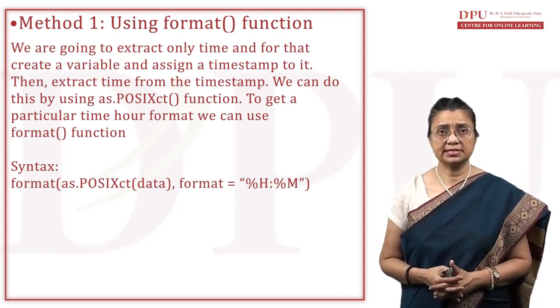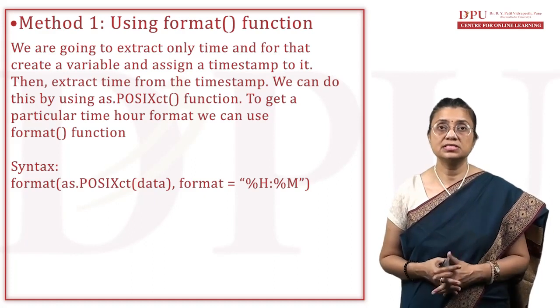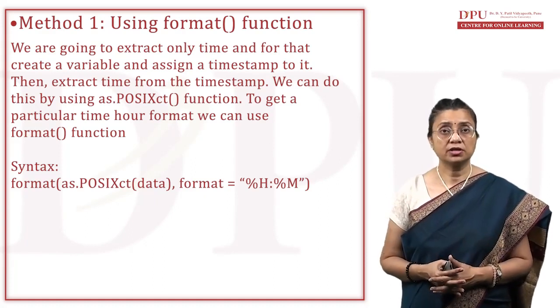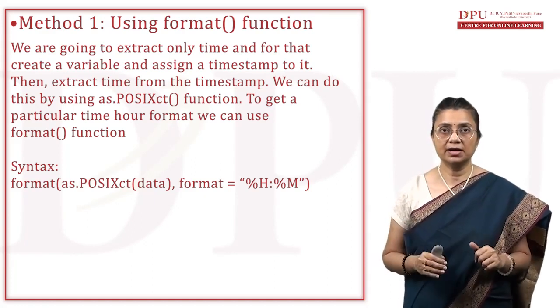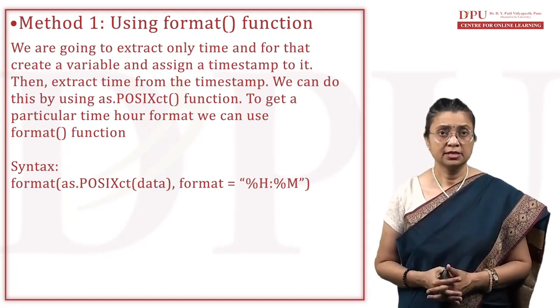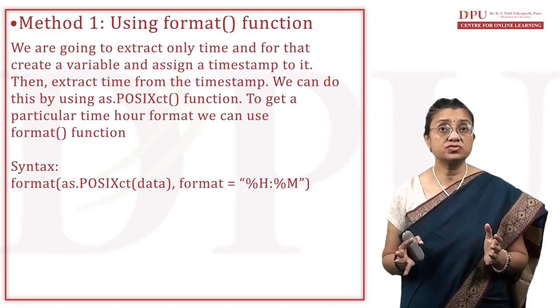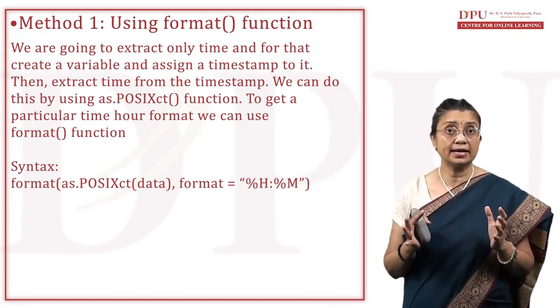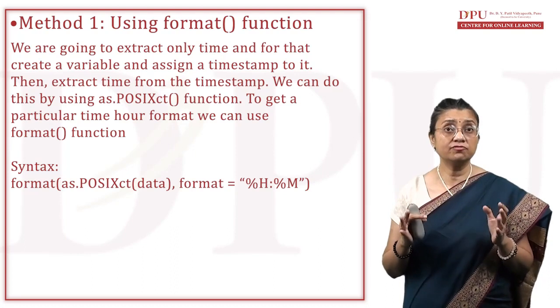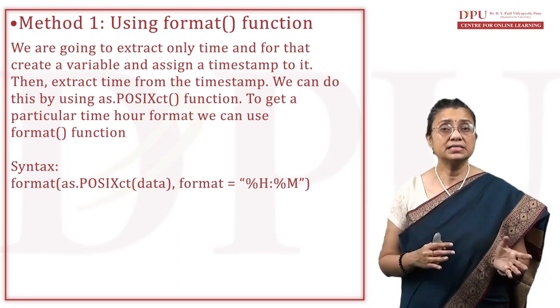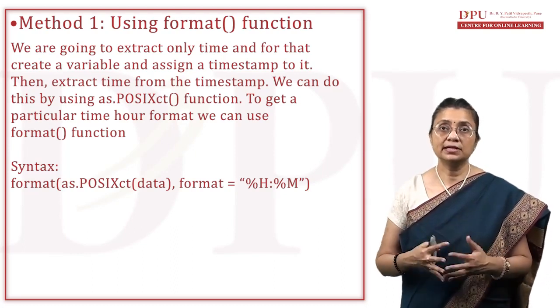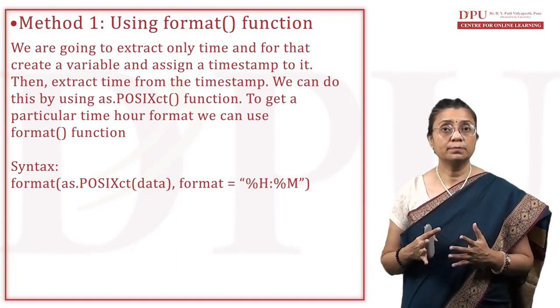Let's have a look at the syntax now. In the syntax, you can see format, which is a function, and within the format, we have passed as.POSIXct. So as.POSIXct is basically the function which is extracting the exact time. It is extracting the time from the data and passing that to the format. And format is what? %H:%M.